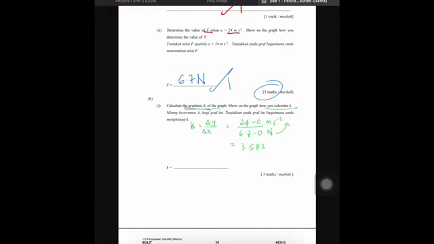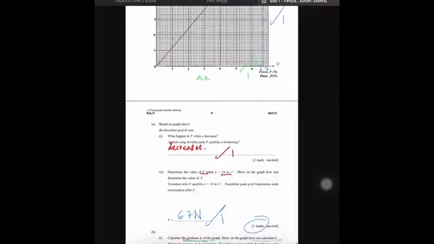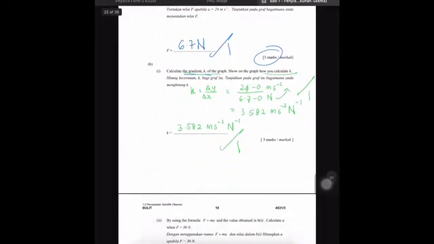So you rewrite 3.582 meter per second per Newton. You get 1 mark over here, 1 mark over here, and then your right angle triangle 1 mark. So 3 marks. Clear? So that is how you get this answer.